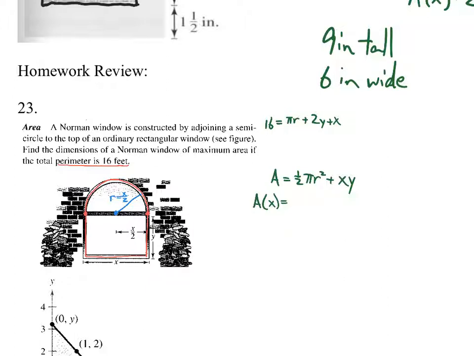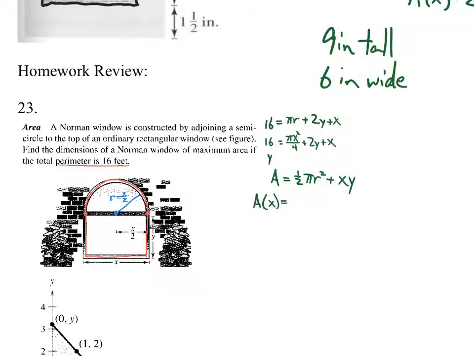Now we know r is x over 2. So r squared is going to be x squared over 4. So this whole thing is going to be pi x squared over 4 plus 2y plus x, and that equals 16. So now I solve for y, alright?